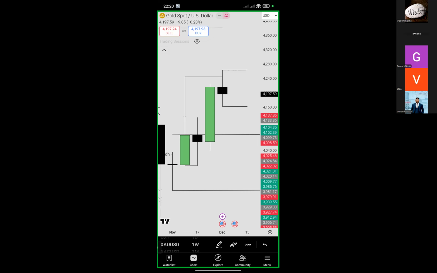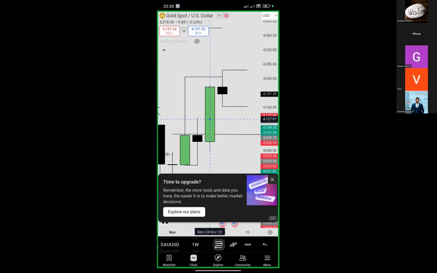It's where I would like price to reach the 50% or so. Not the whole candle, just the bottom, but go to your daily time frame first.